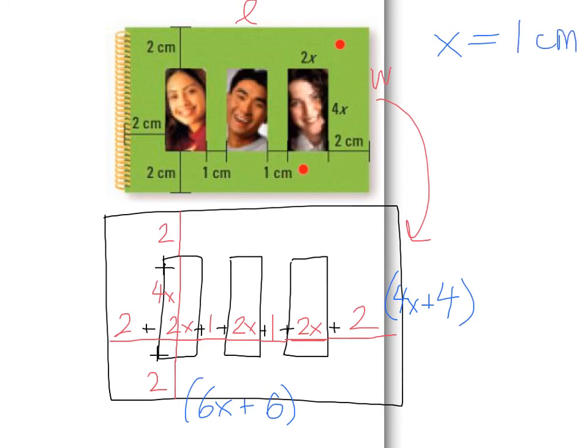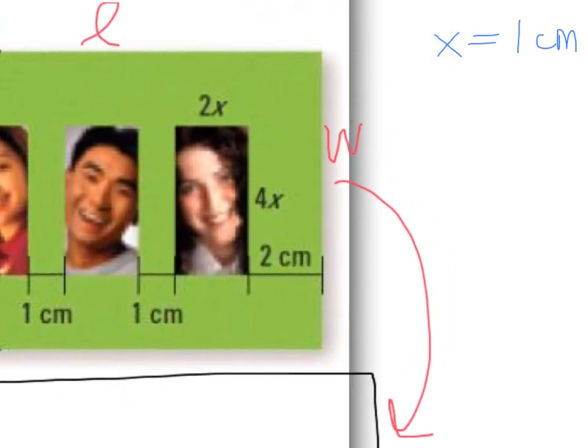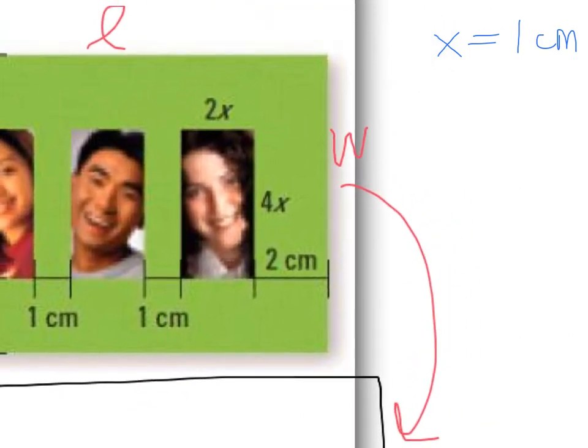Now I want us all to look carefully once again at what we're trying to figure out. The question asks us to find the length and width of the pictures. Well, if the width of the picture is 2x and the length of the picture is 4x, and we finally, after all of that, now know that x is equal to 1 centimeter.